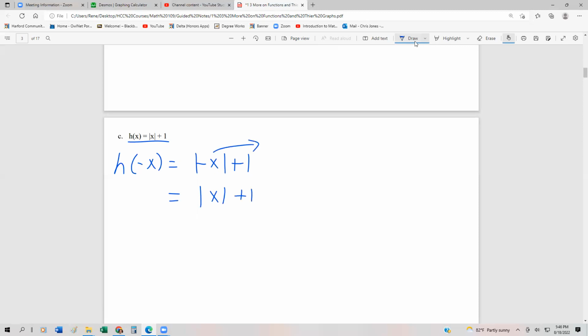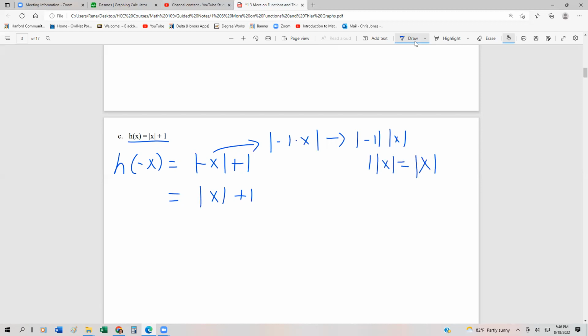And algebraically, what's going on behind that, just to make sure everybody understands, is that that's the absolute value of negative 1 times x, which is the same as the absolute value of negative 1 times the absolute value of x. Absolute value of negative 1 is positive 1, so we get 1 times absolute x, which is just going to be absolute x.